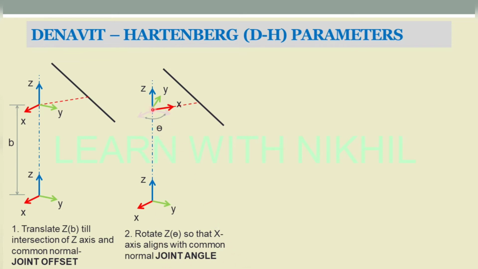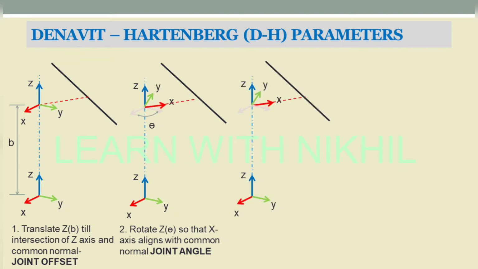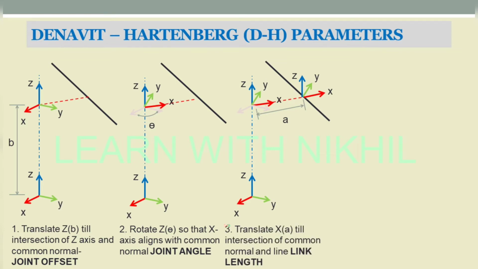Now next we have to transfer this frame from this point to this point. As you can see, we have to transfer this frame from this point to this point. For this transformation of the frame, we have the distance it has traveled, the common normal distance. This common normal distance is denoted by the symbol A, and it is known as the link length.